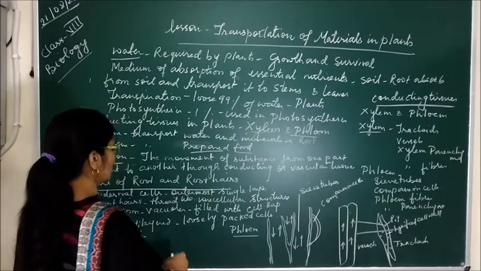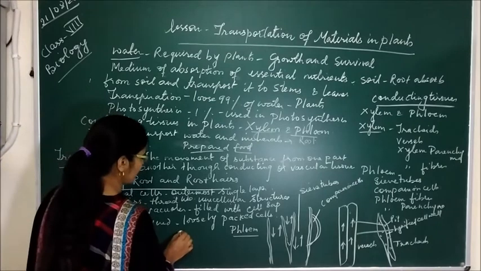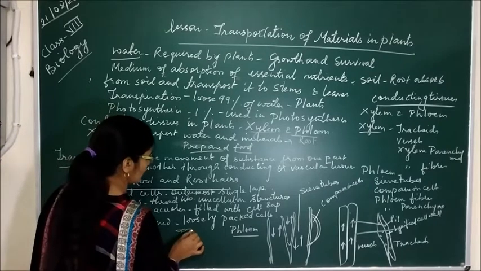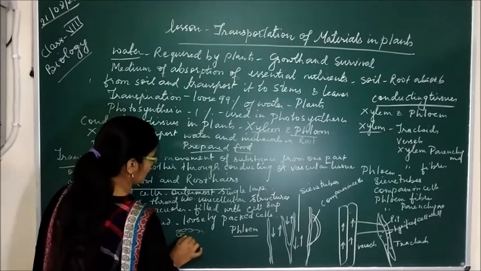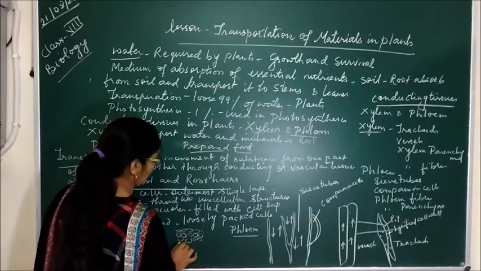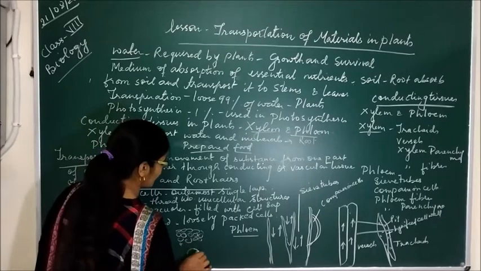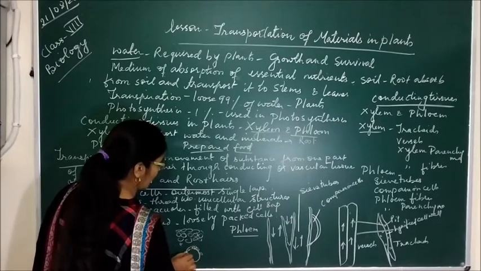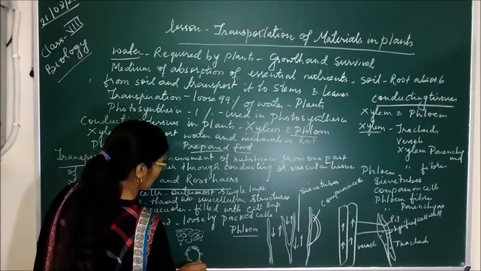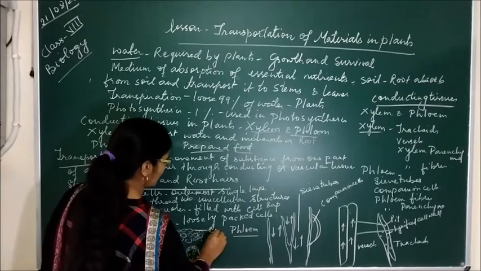So if we draw the structure of the root, we can see this type of structure. The loose cells which are found throughout the body of the plant, and in between you can see the pericycle. This is the pericycle or the endodermal part, and here we can see this type of part which is called the xylem. This is the xylem, and these are the epidermal cells.